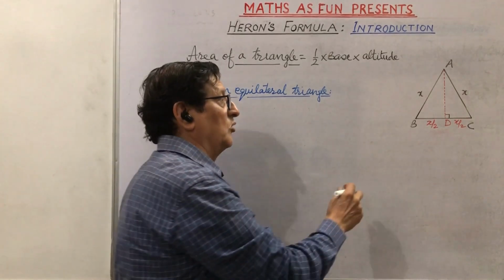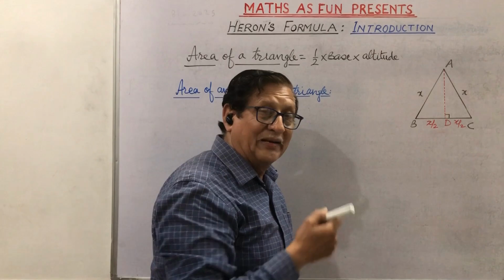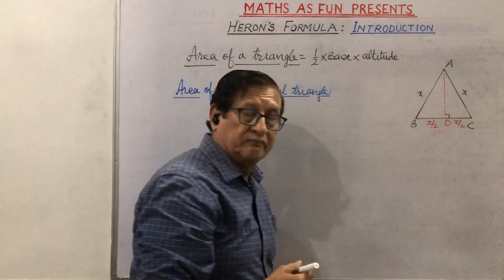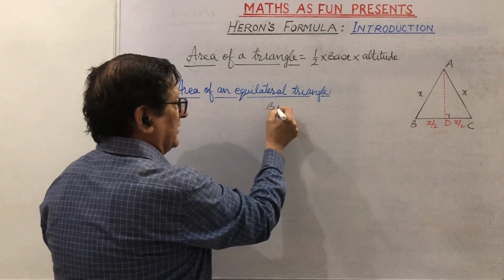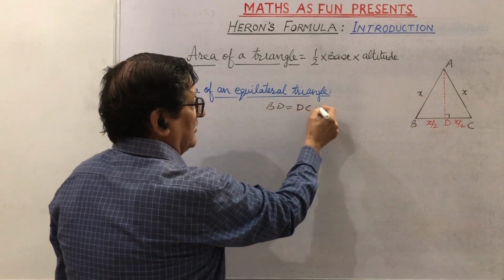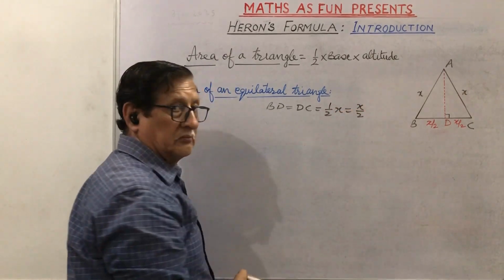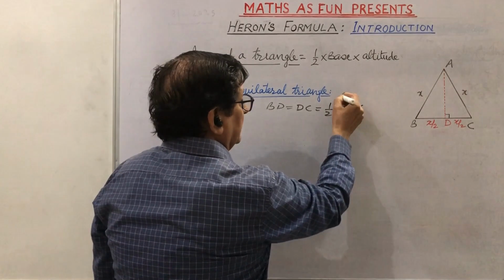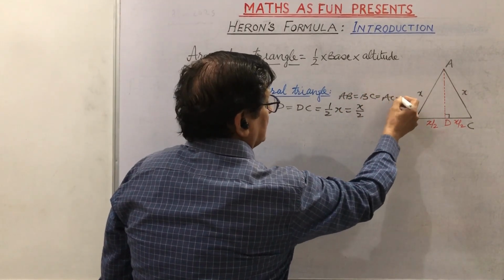Then also we know that the altitude in an equilateral triangle bisects the base here also, and hence we say that BD is equal to DC, which will be half of x, that is x by 2. Each side, that is AB is equal to BC is equal to AC, is taken as x.